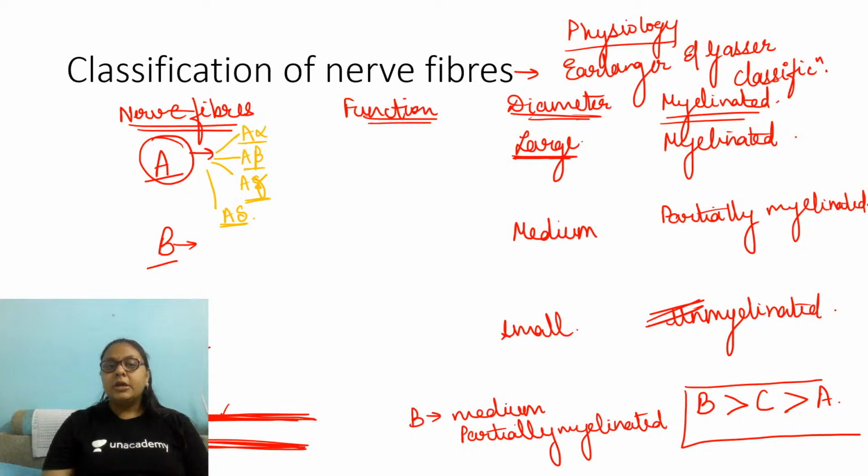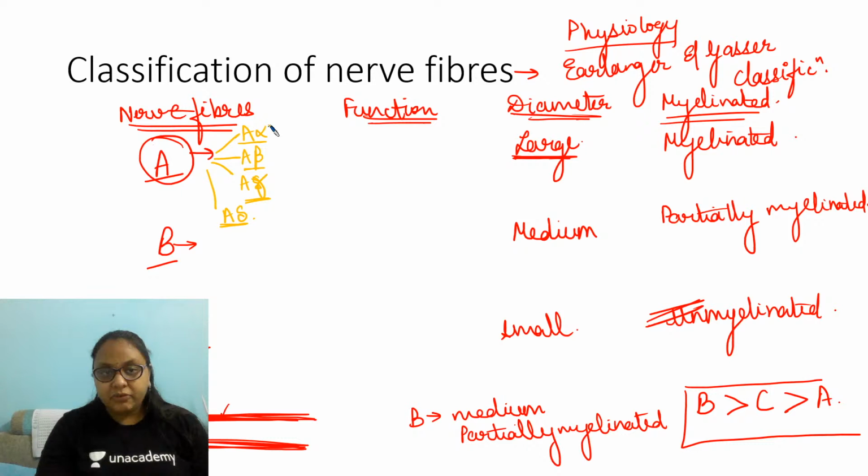So what is the function of these? A alpha, सबसे पहले, these are the ones which are responsible for motor and proprioception.